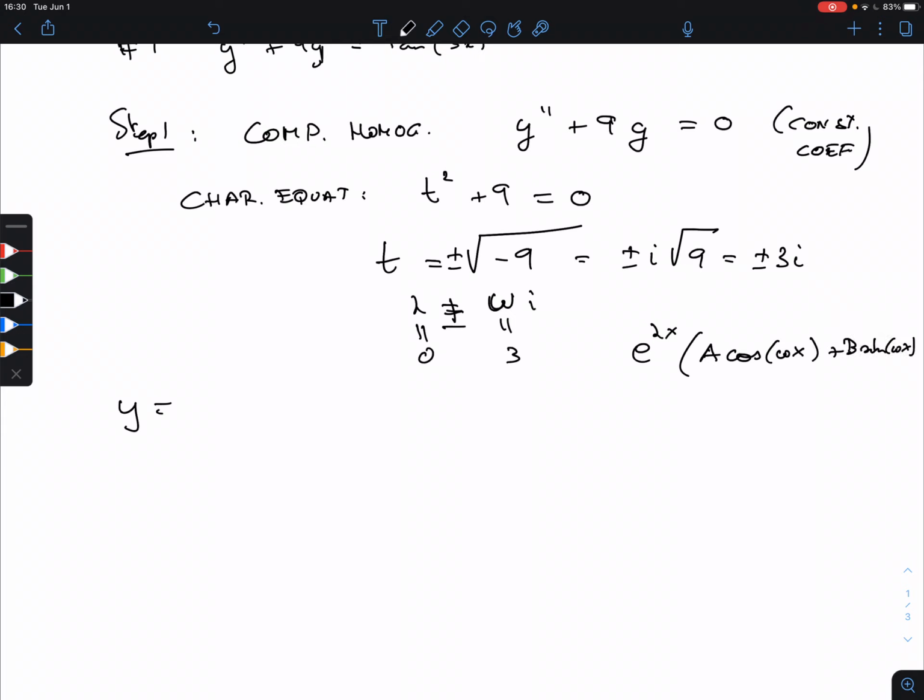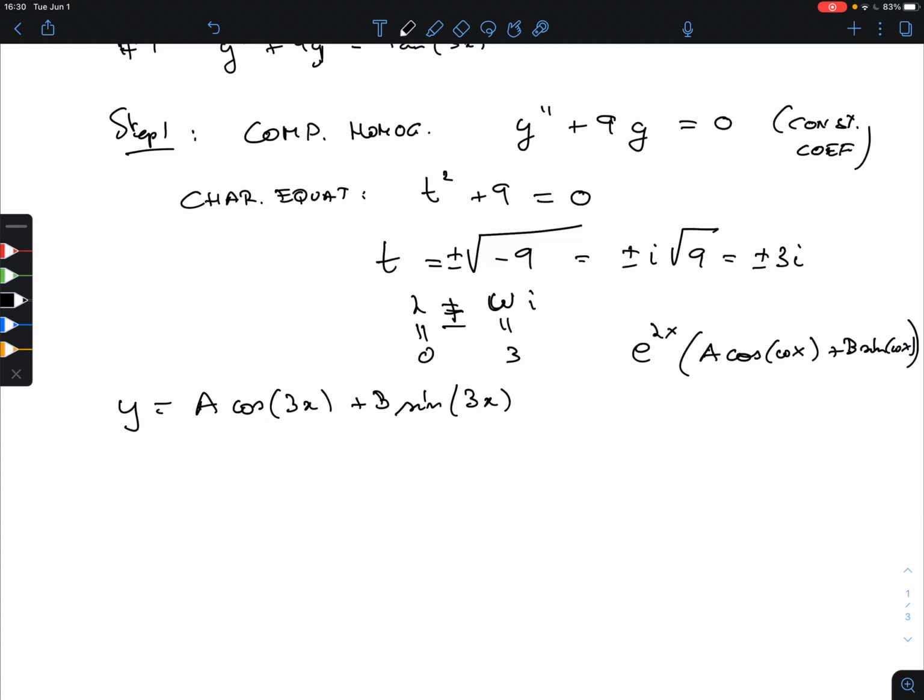Now, lambda is 0, so there's actually no e. So we get a cosine 3x plus b sine 3x. We always take the positive omega. You can take the negative, but why would you? It gives the same thing.